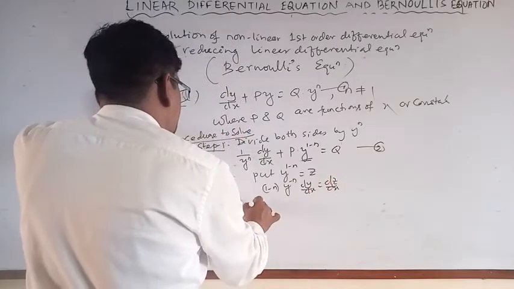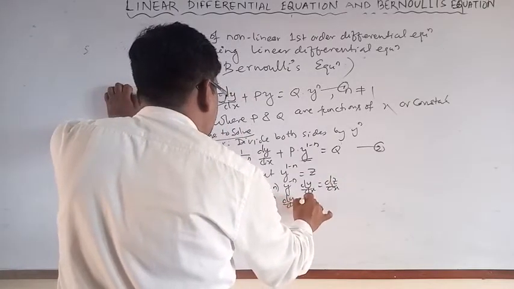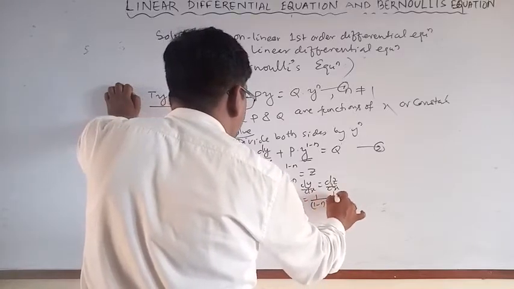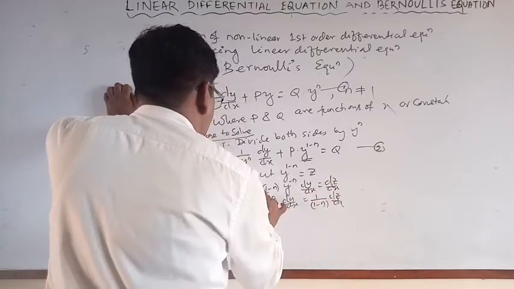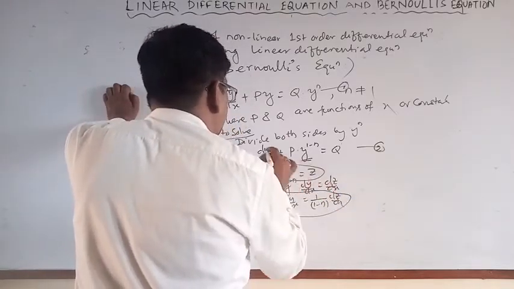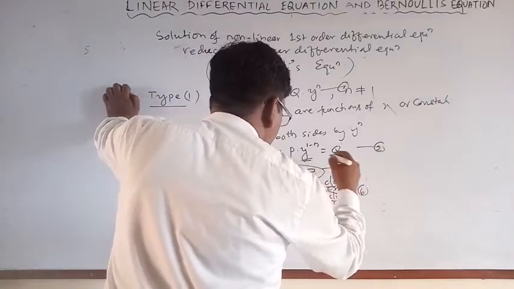So that implies y to the power minus n into dy by dx is equal to 1 by 1 minus n into dz by dx. Suppose this is a and this is b.